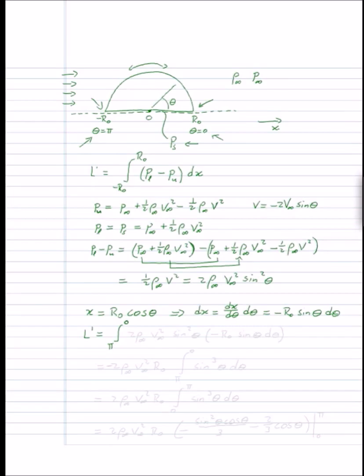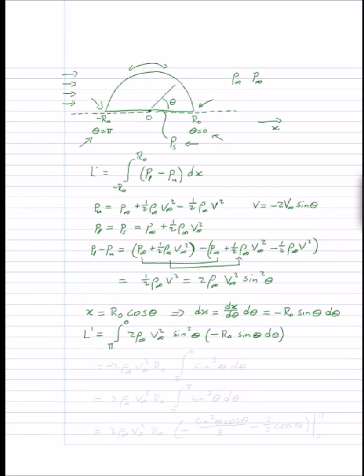Good. Then we have PL minus PU. Well, we have an expression for that. That's 2 rho infinity v infinity squared sine squared theta. And dx we've got an expression for, which is this one, minus r0 sine theta d theta. There we go.